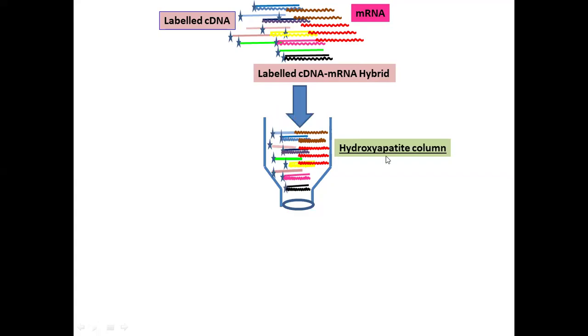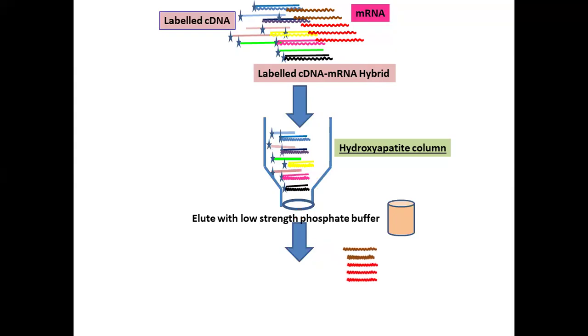As I told you, the hydroxyapatite column can retain double-stranded nucleic acid molecules better than single strand. So when this column is eluted with a low strength phosphate buffer, it can elute these single-strand mRNA molecules as well as single-strand cDNA molecules.